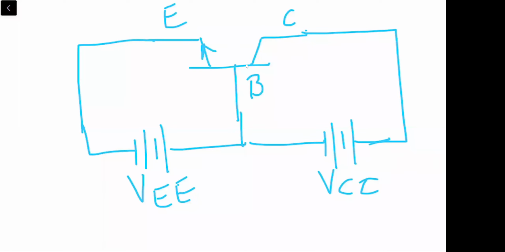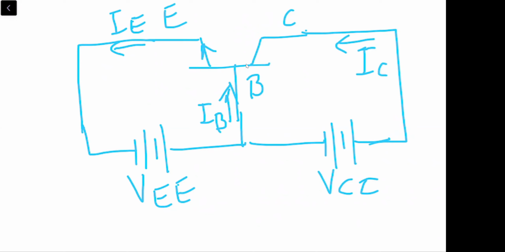Okay, ji. If you want to see the current flowing in the circuit, here we have IE that is flowing, here the current flowing is IB, and over here the current flowing is IC, right?